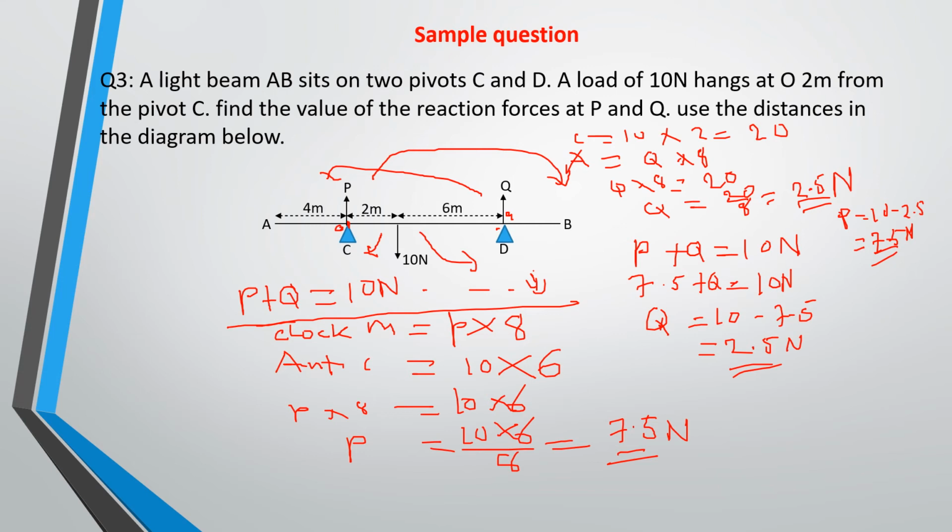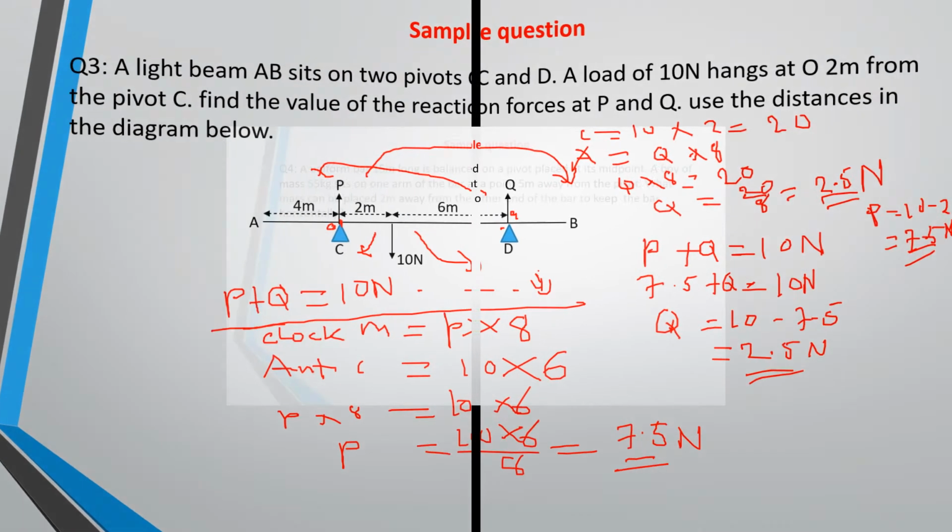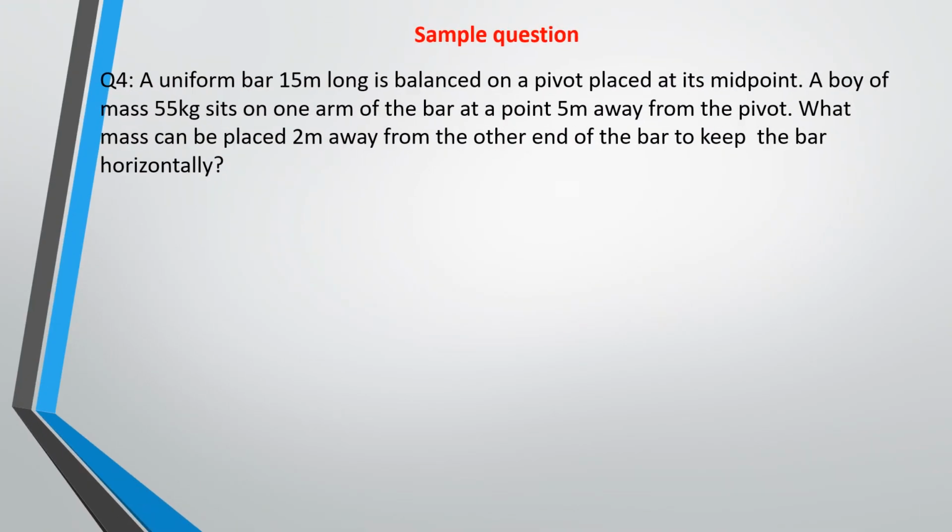So let's just solve one more problem and see if we can get more understanding. Another problem that we still need to solve. The uniform bar 15 meters long is balanced on a pivot placed at its midpoint, and a boy of mass 55 kg sits on one arm of the bar 5 meters away from the pivot.